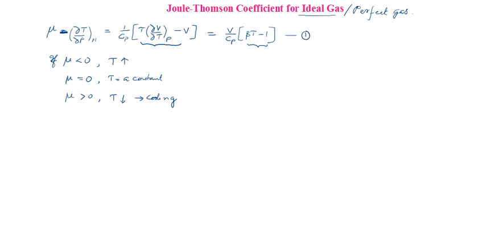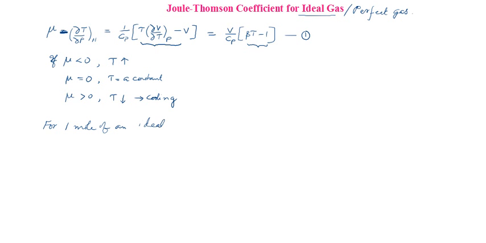All the information or the behavior of any gaseous system is contained in its equation of state. So we'll begin with the equation of state for an ideal gas, and let's consider for simplicity 1 mole of an ideal gas.